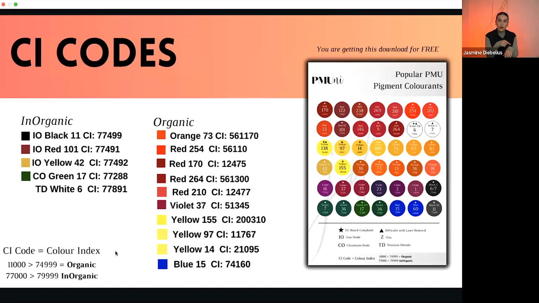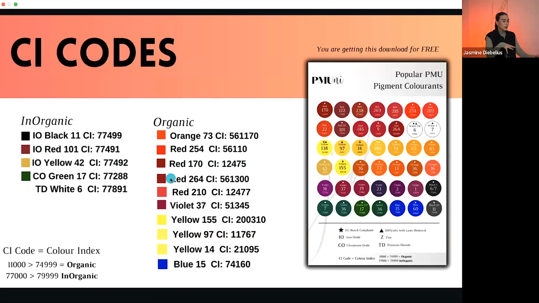If it's below that number, it's an organic. By looking at the CI numbers, you can understand if it's organic or inorganic. You can also notice the actual color of the colorant. If we compare red 254 to red 101, the organic colorant is much more vivid and bright compared to the dull, earthy inorganic.